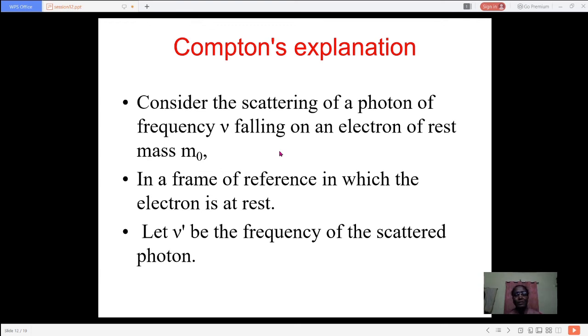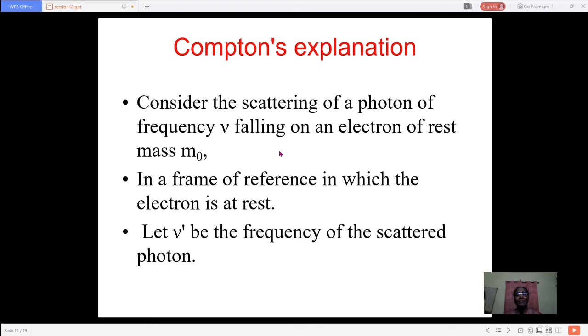Because of the collision the electron is going to recoil, so its mass and direction should be considered, and the relativistic change in the mass of the electron should be considered in the derivation, where the Compton shift can be calculated.